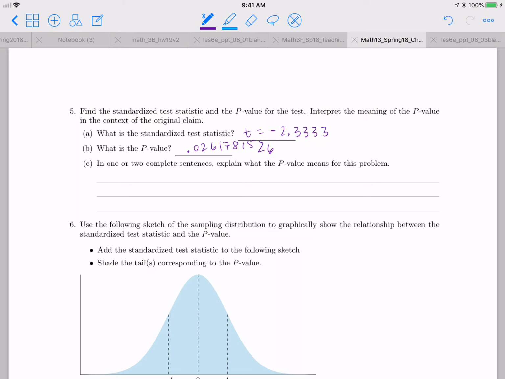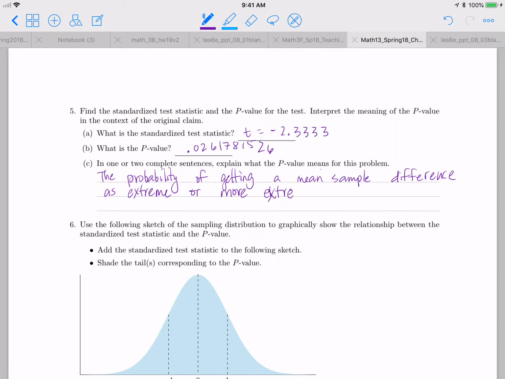So the probability of getting a mean sample difference as extreme or more extreme than, what was our mean sample difference?